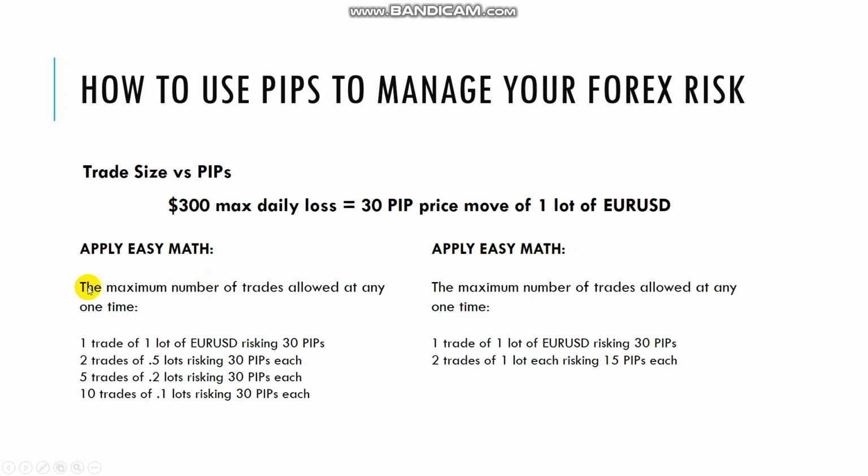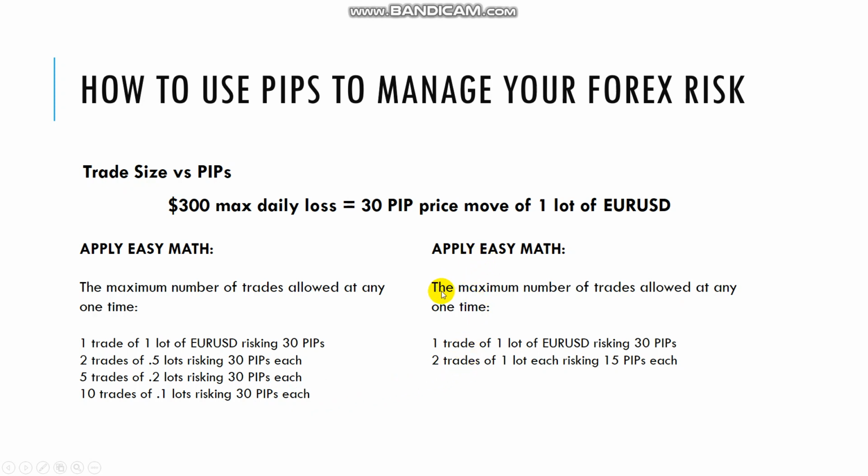So you can see here, here's our statement, $300 max daily loss, 30 pip price move of 1 lot of euro dollar. I could have 1 trade of 1 lot of euro dollar risking 30 pips, or I could have 2 trades of half lots each risking 30 pips, 5 trades at 0.2 lots risking 30 pips, and 10 trades at 0.1 lots risking 30 pips.